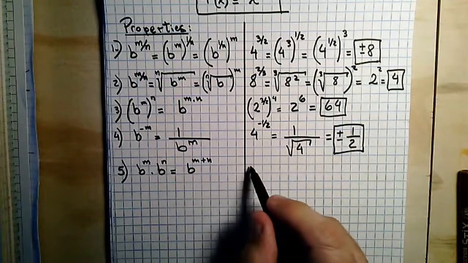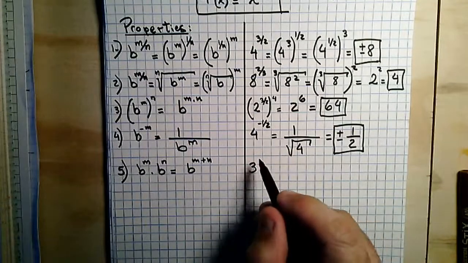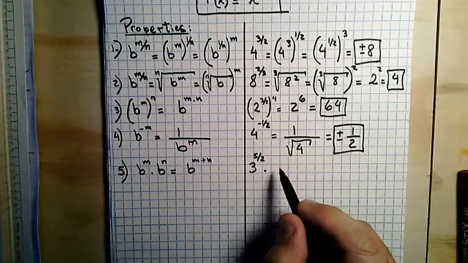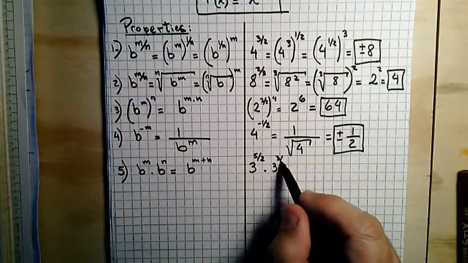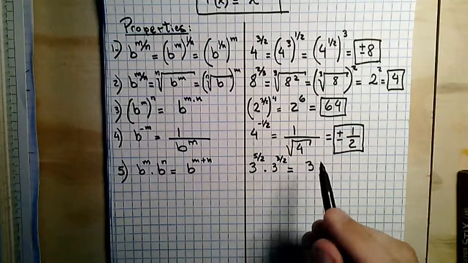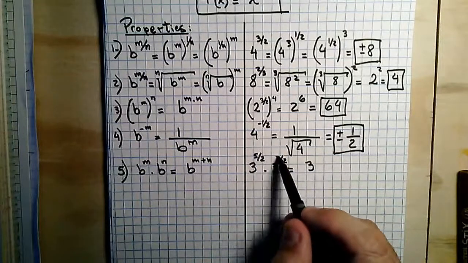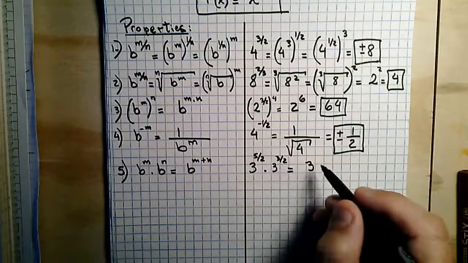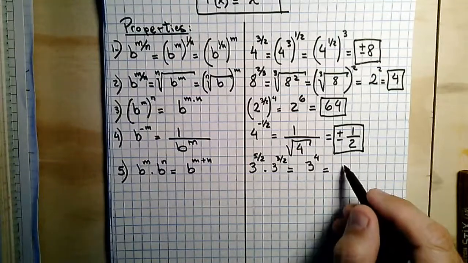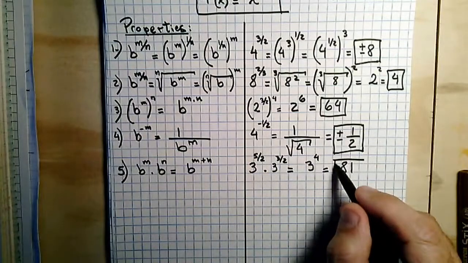So in this situation, the sample here is going to be 3 to the power of 5/2 times 3 to the power of 3/2. So the base is going to be 3. So 5, 6, 7, 8, 8/2 is going to give me 4. And the final result, 3 to the power of 4, is going to give me 81.